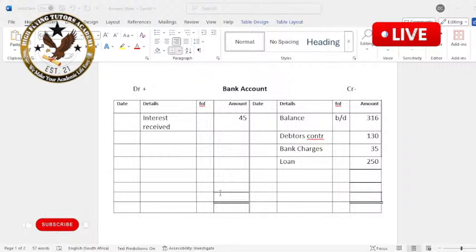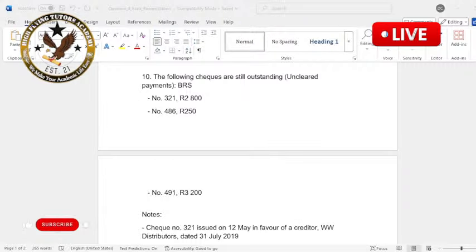So let's just go to the last questions right there, the one for uncleared payments. So now here they say the following checks are still outstanding, which these are uncleared payments, right? And then we just need to go and record them.